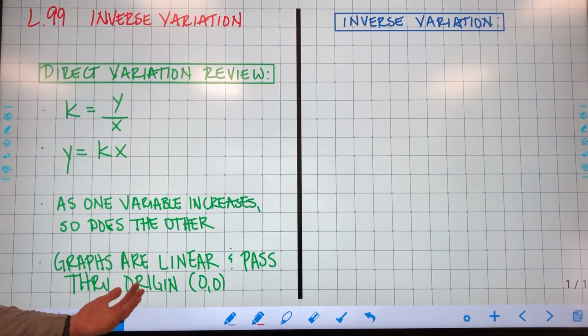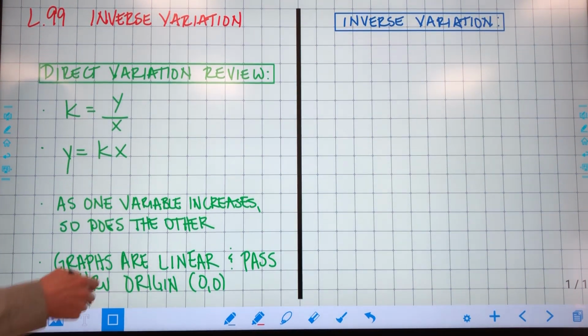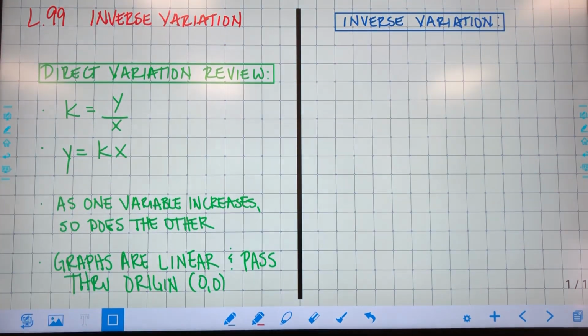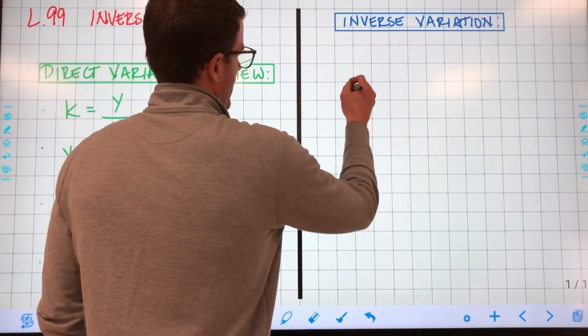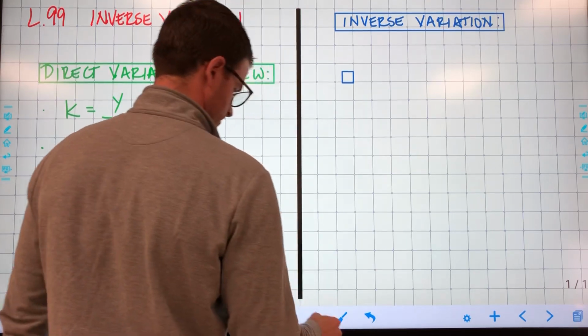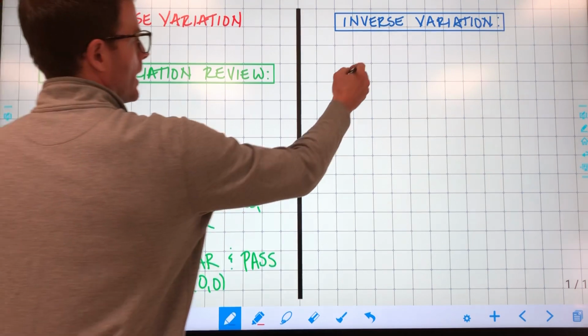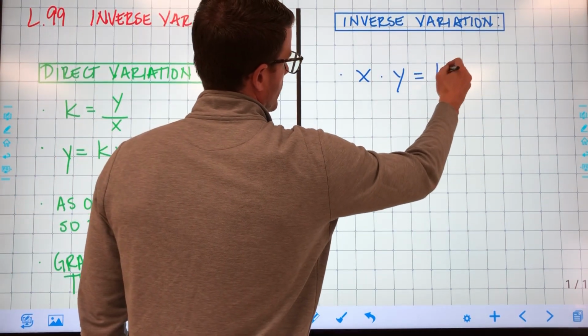Inverse variation now is going to, surprisingly, have inverses of some of these. Let's take a look at some of the characteristics of inverse variation and then do a couple of examples. First, instead of k equaling y divided by x, we're going to have x times y equals k.